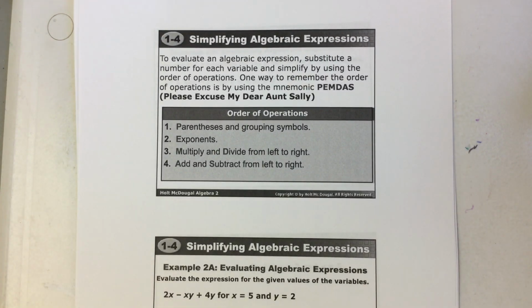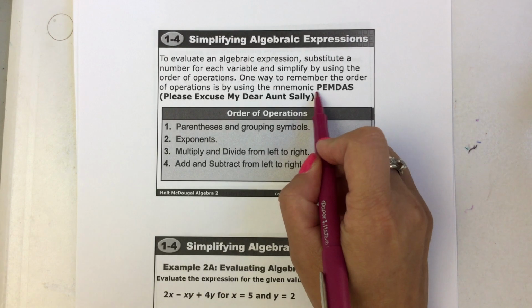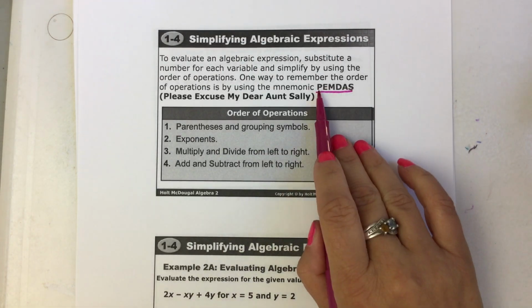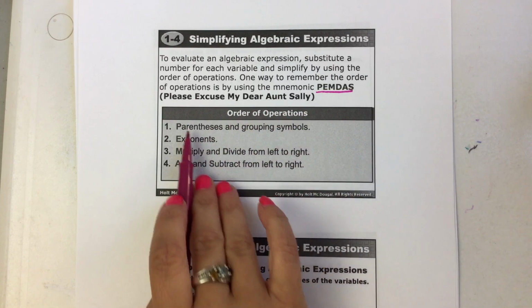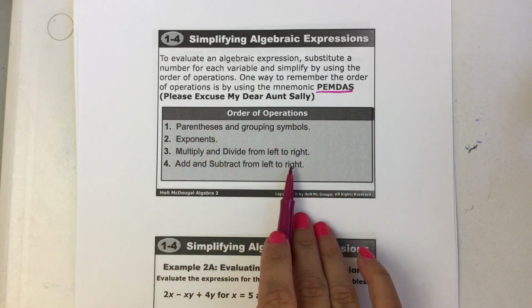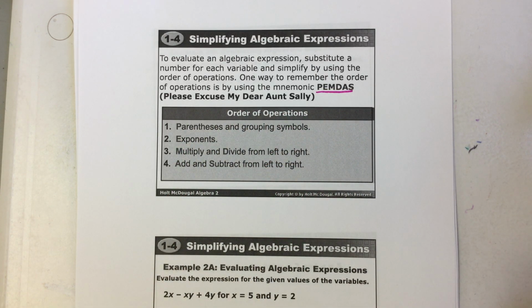Now they want us to be able to evaluate an algebraic expression. So what they're going to do is give us an expression that contains numbers, letters, and symbols only, no words. When you are simplifying, it is important to follow the order of operations. You may have heard PEMDAS or please excuse my dear Aunt Sally. This phrase helps you to remember the correct order that you use when you are evaluating an algebraic expression.